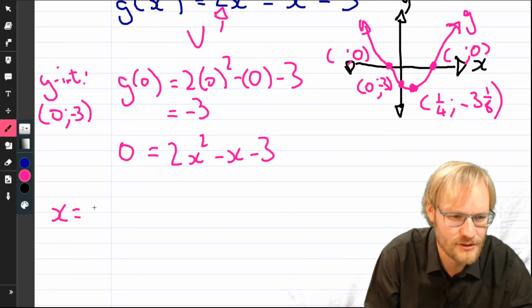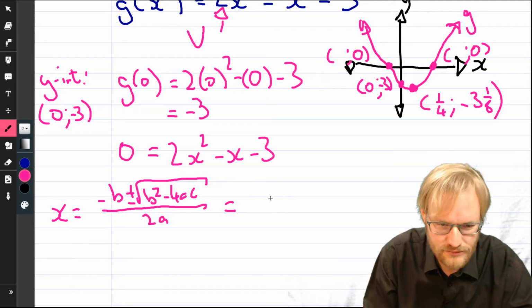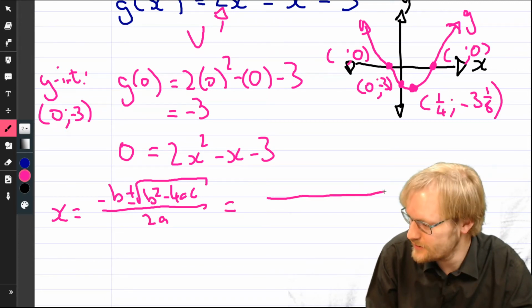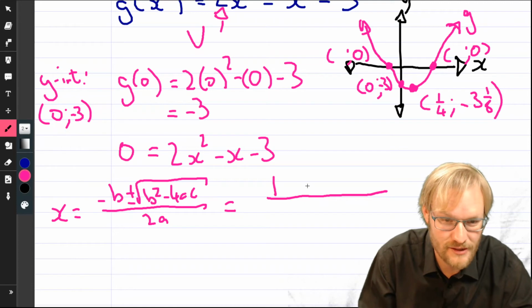So x equals minus b plus or minus the square root of b squared minus 4ac, everything over 2a, equals minus b, so 1, because it's negative negative 1.